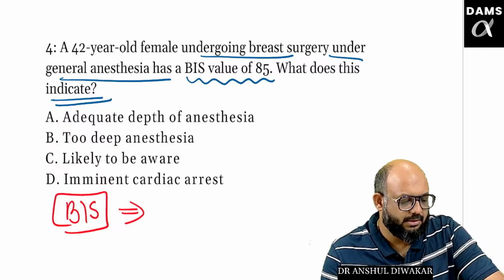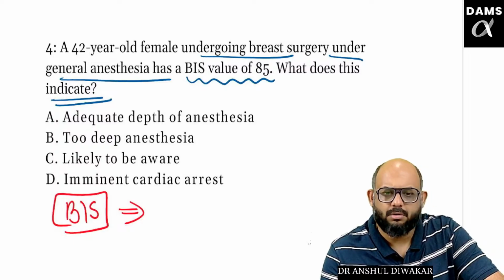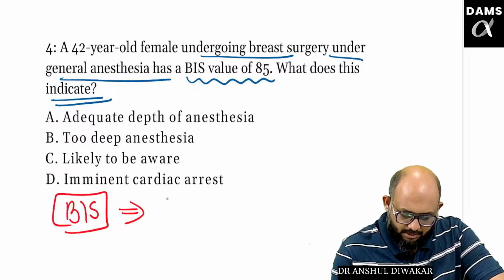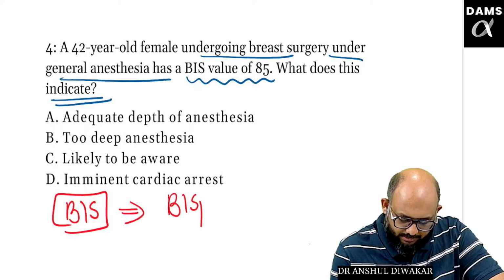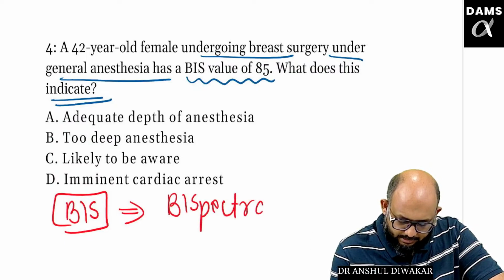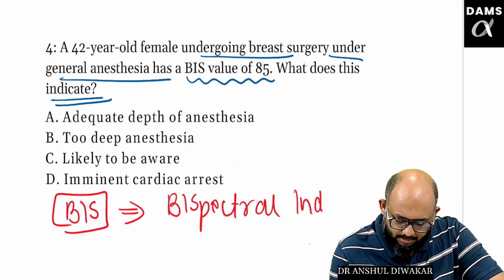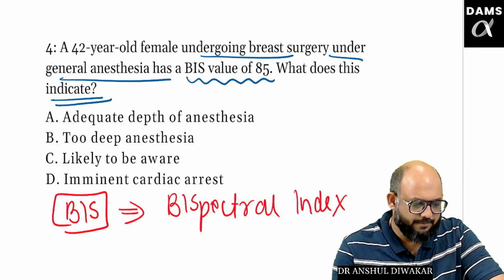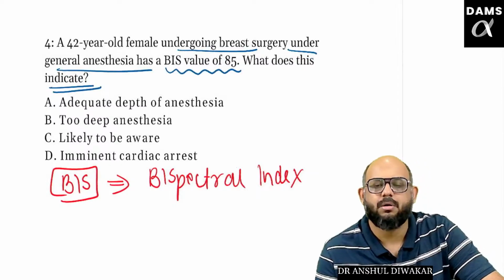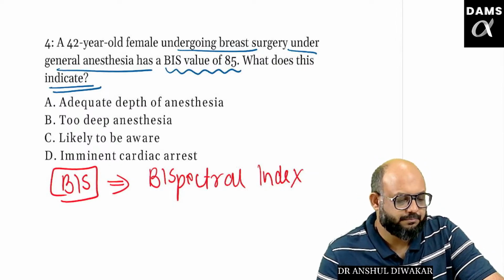Bispectral index, scale, score. It is BIS, right? So it is bispectral index, B and I. What about the last S? Scale, score, what is it?